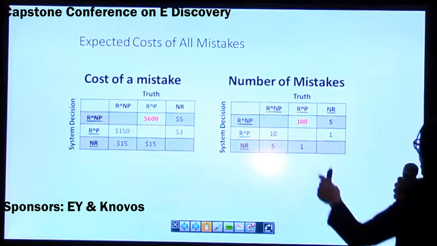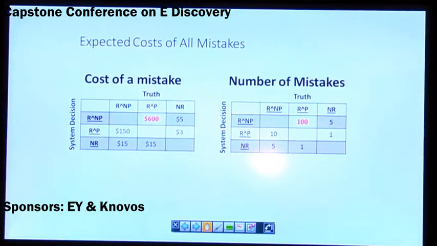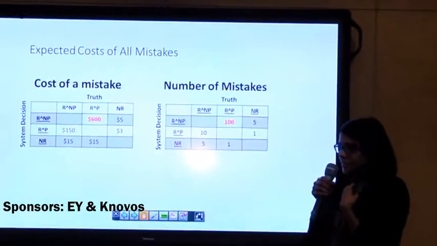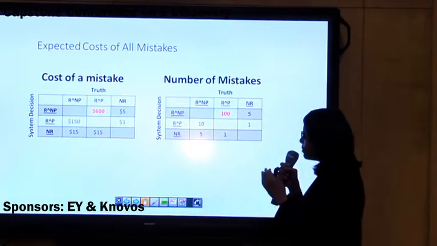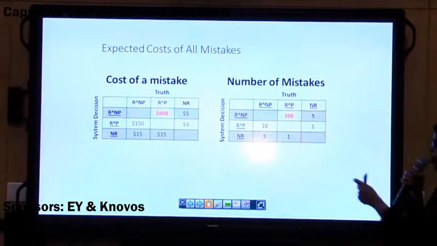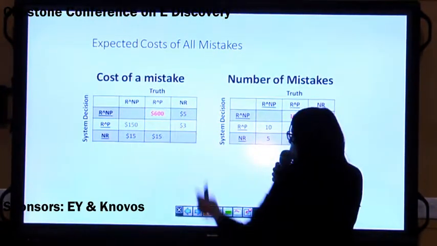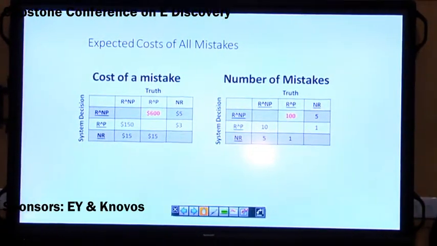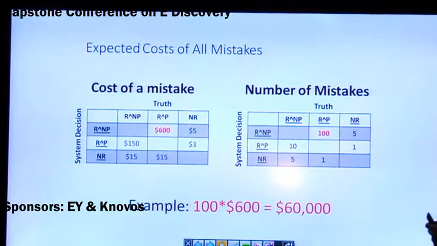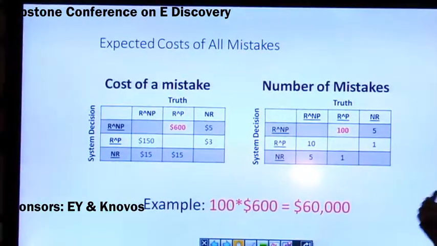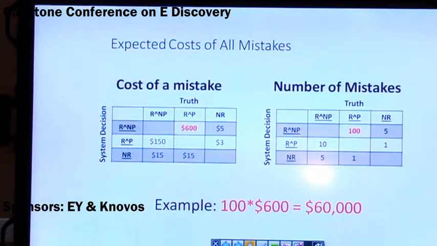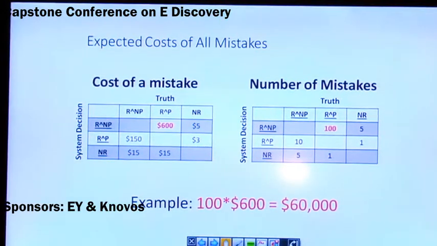And if you make 100 mistakes of that kind, let's assume this is the result of my model, and my model has made mistakes on 100 documents of this type, where you will definitely lose the case, then the risk of that particular document, which is 600, totals $60,000.